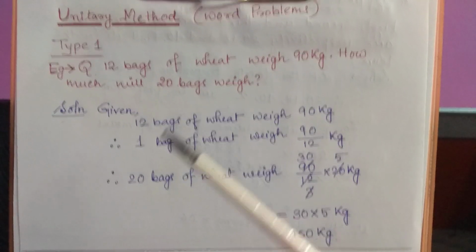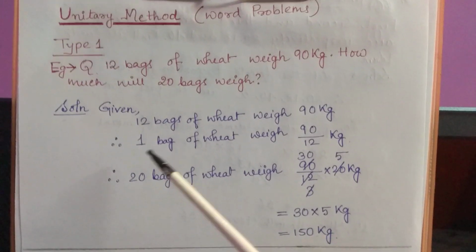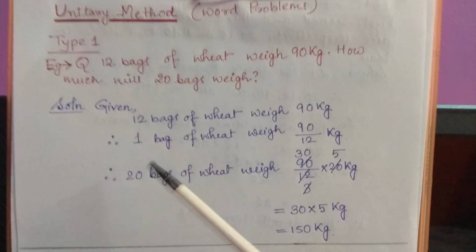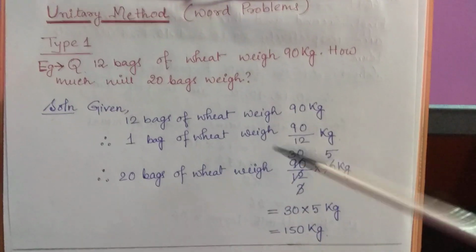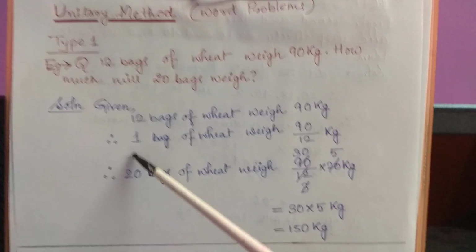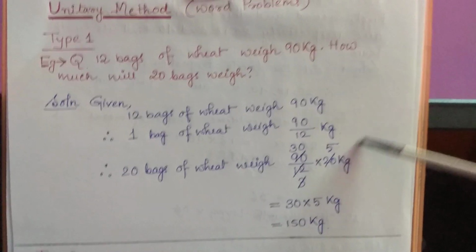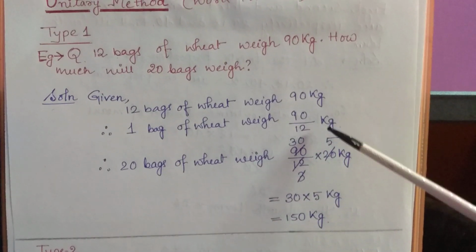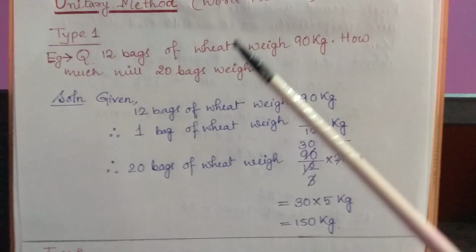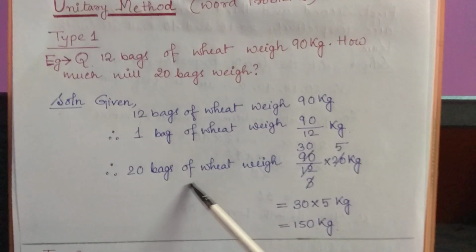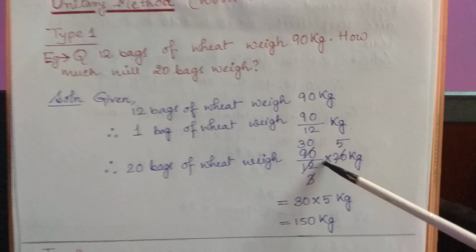Now, since it is the unitary method, for 1 bag's weight we need to find. 1 bag of wheat weighs, so 1 is less, and in less it is always divide. 1 is less than 12, so the case will be divide. So 90 by 12. Now we need to find the 20 bags weight. So 20 bags of wheat weigh, it will be multiplied.